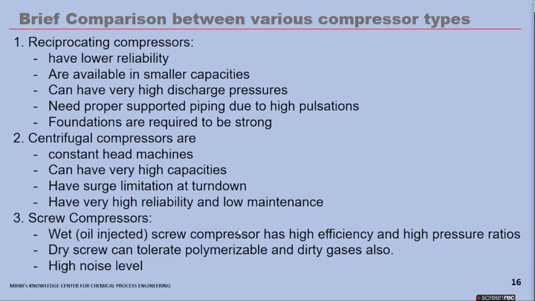However, the disadvantage is that you will have oil carryover with the gas, and you need to be careful that the oil doesn't cause nuisance value downstream. Dry screw can tolerate polymerizable and dirty gases also. In fact, if you have polymerizable gas, the clearances between the two screws decrease, and you get better efficiency also. And then high noise level is possible in screw compressors.